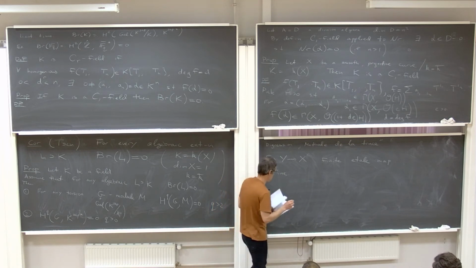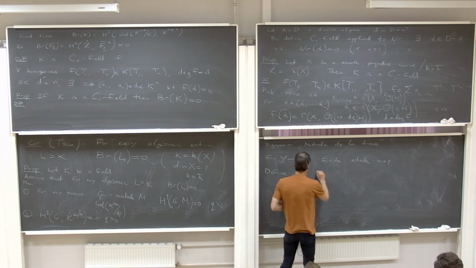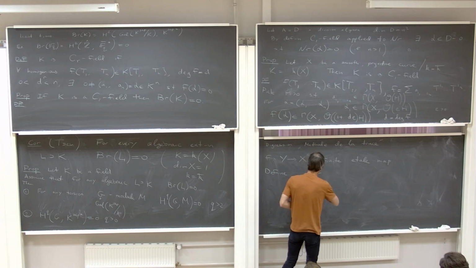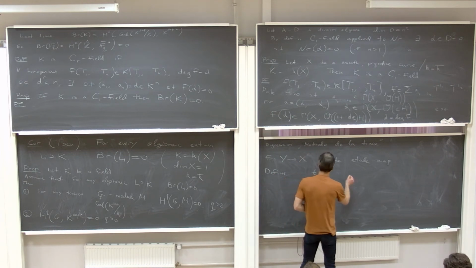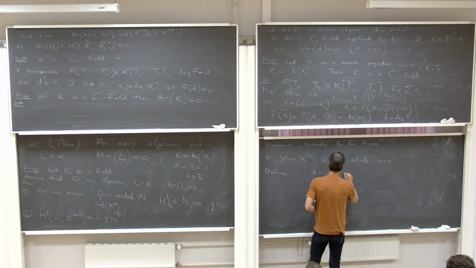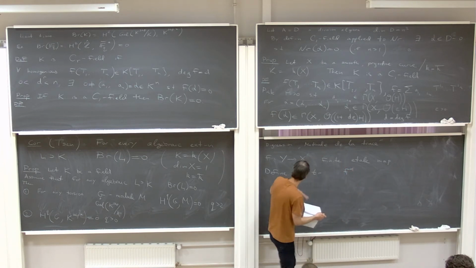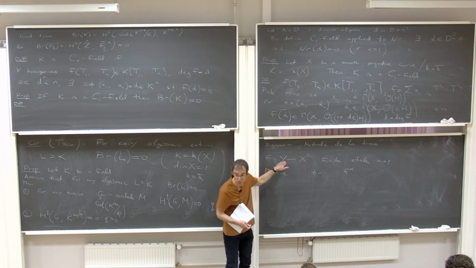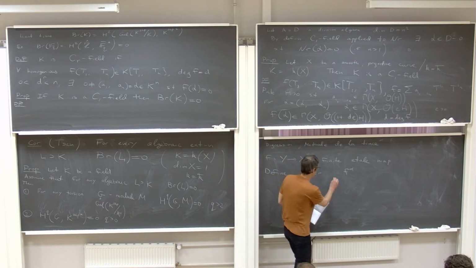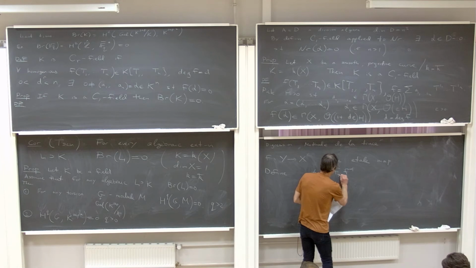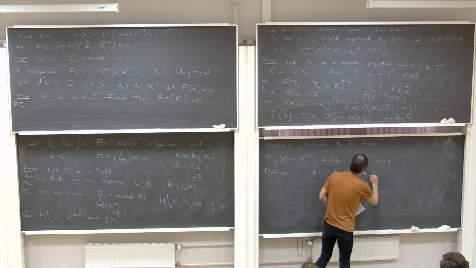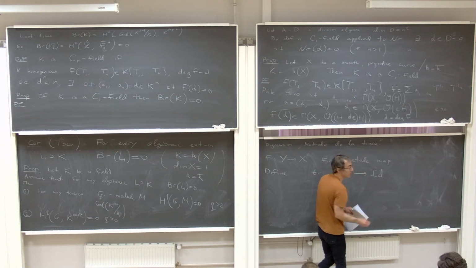well, I claim that there exists, so we will define the trace map, and this is a morphism of functors. So I have the inverse image functor from sheaves on X to sheaves on Y, and I have the direct image functor. And I want to map it to the identity functor.